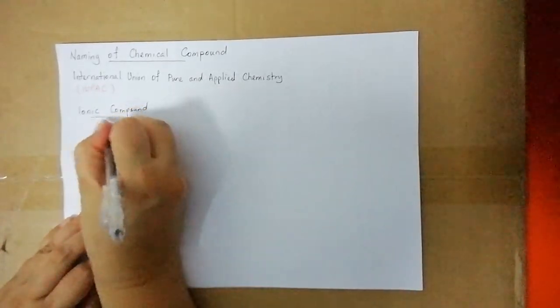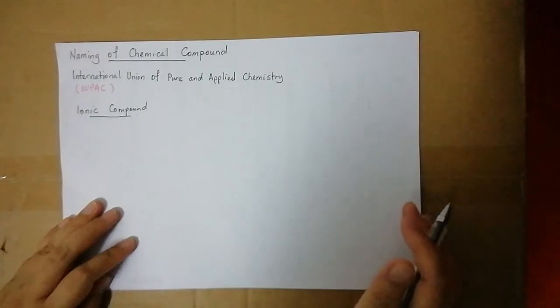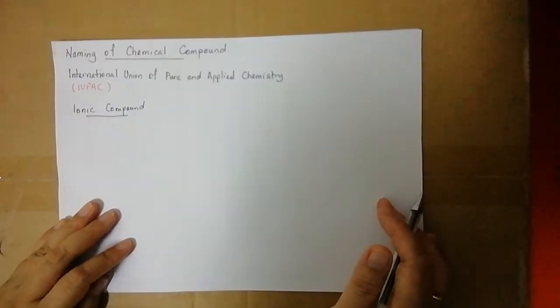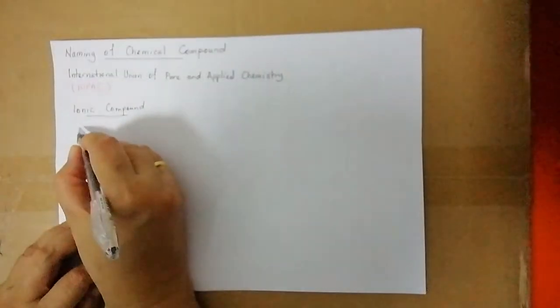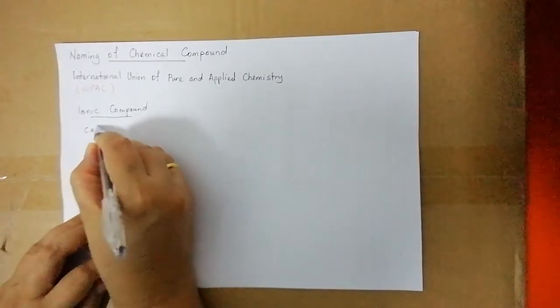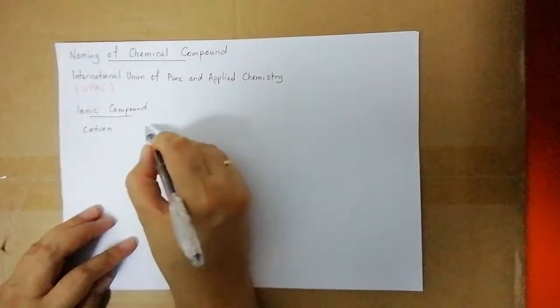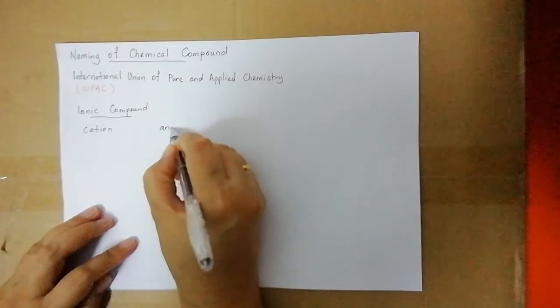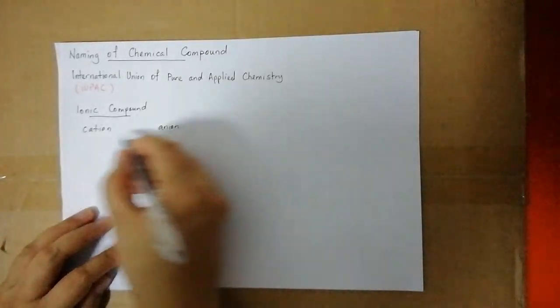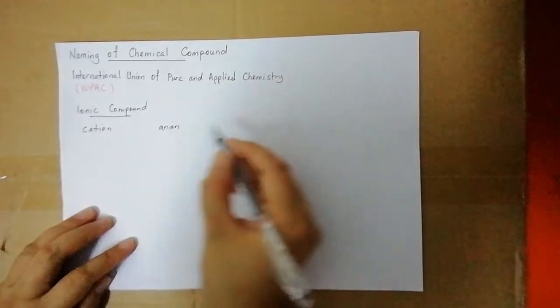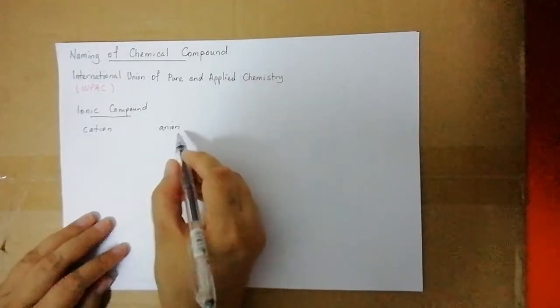You already learned how to form the chemical formula of ionic compounds. We know that to form an ionic compound, we must have a cation and an anion. Once we have the cation and anion, only then can we name the compound.